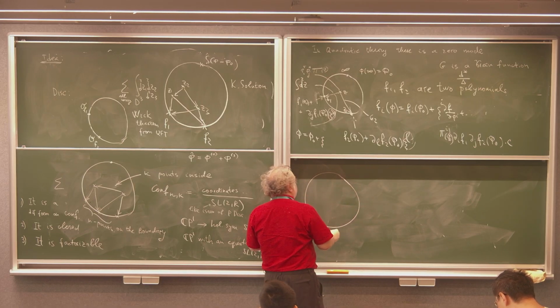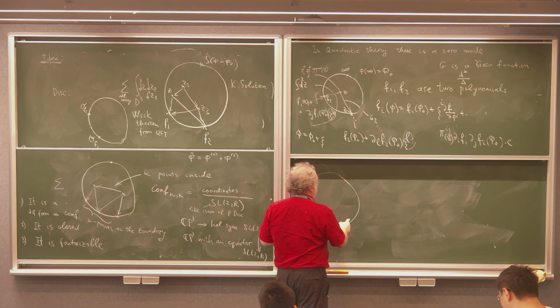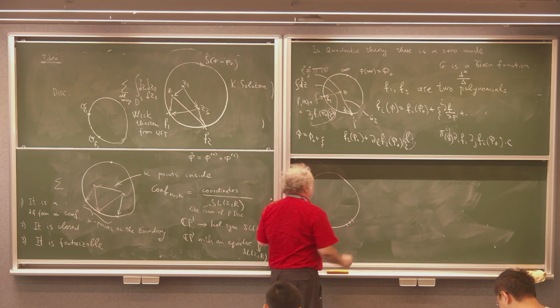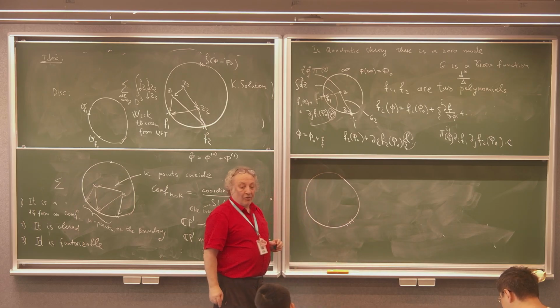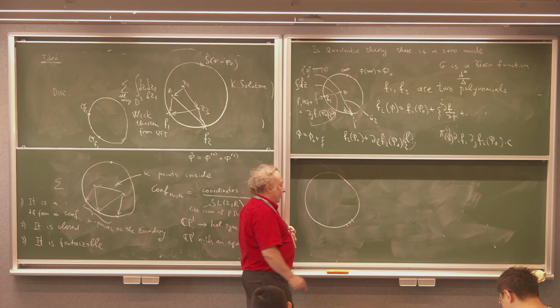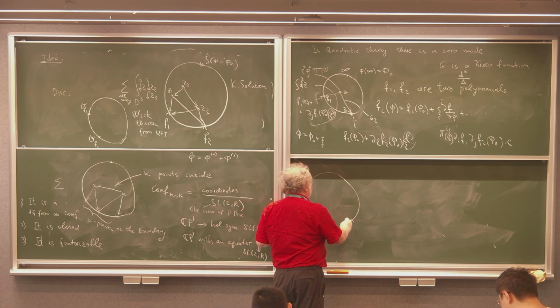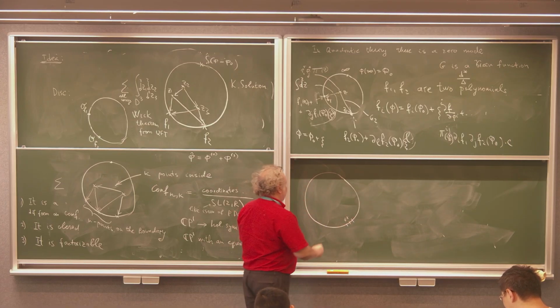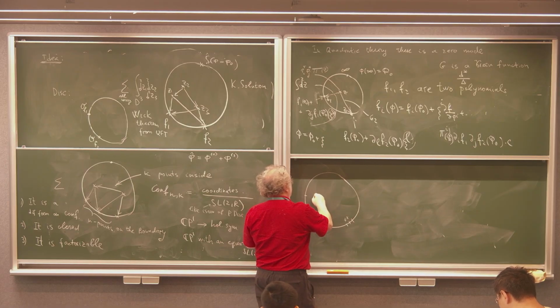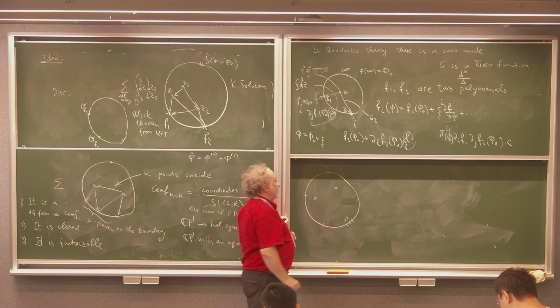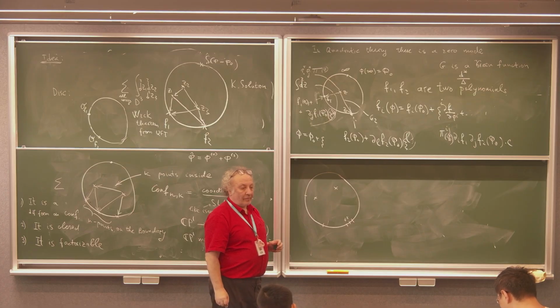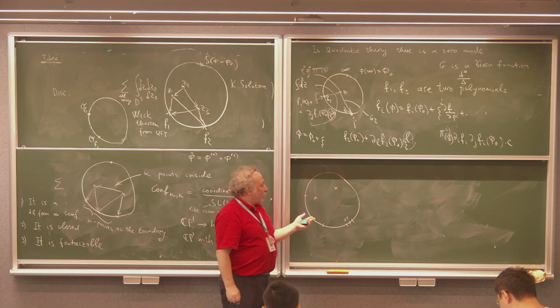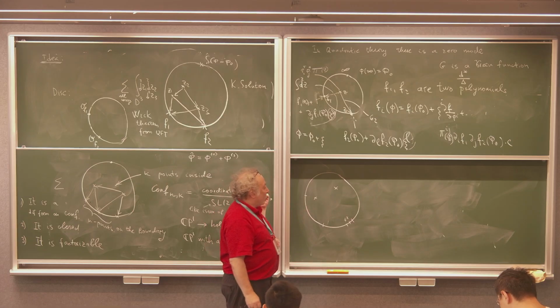Suppose I have a disk, and suppose 3 points on the boundary and 2 points in the bulk simultaneously come together, and there are other points somewhere. Then what happens with the correlation function?